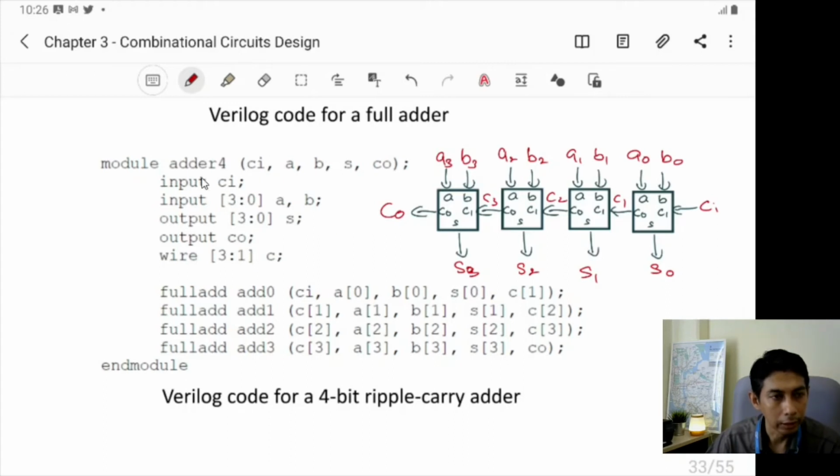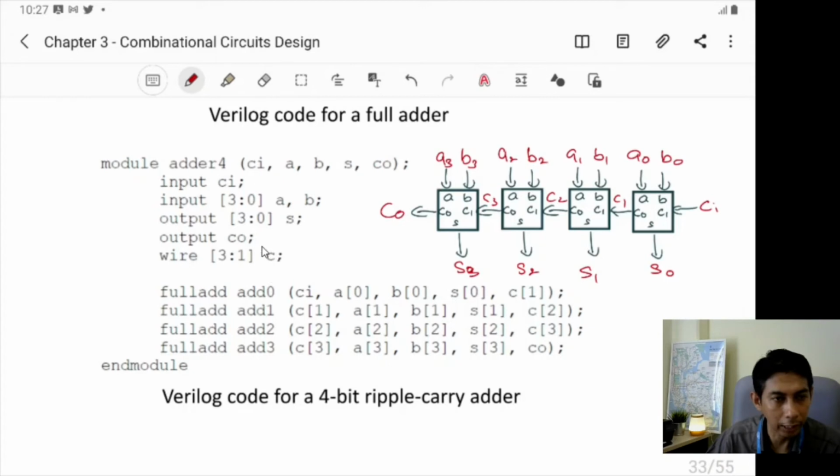Now we define our input. Input CI is 1 bit, so this is how we define 1 bit input. And for A and B we have A3 to A0, so that's why we have 3 to 0 for A and also B. And for S we have S3 to S0 as well, and output CO, 1 bit.